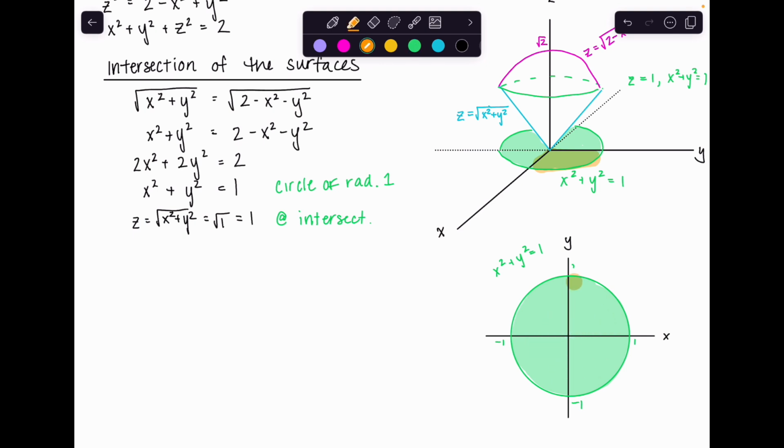And I'm going to worry about just this quadrant 1. So we're going to use symmetry and find the volume here, then multiply by 4.